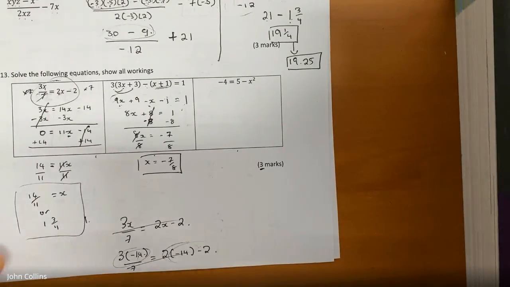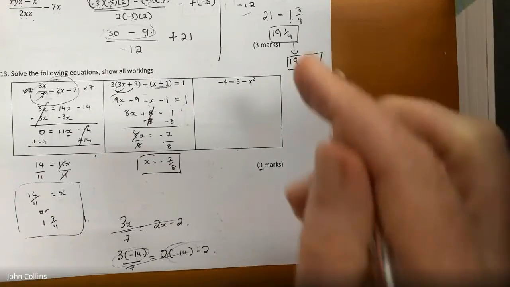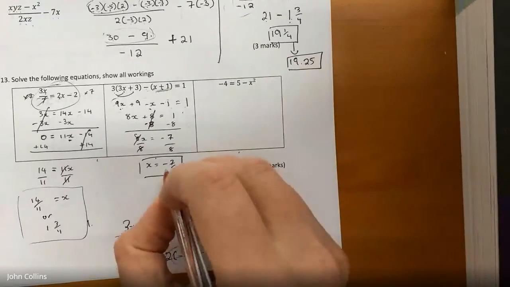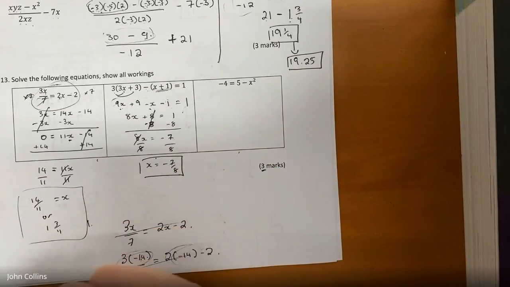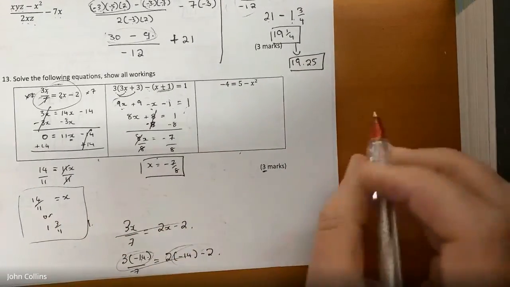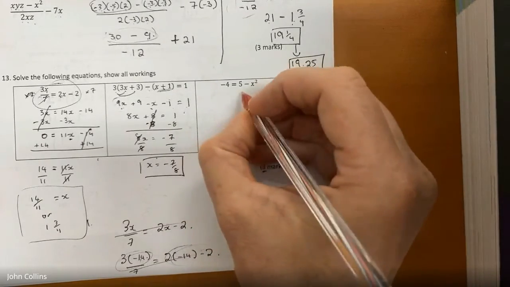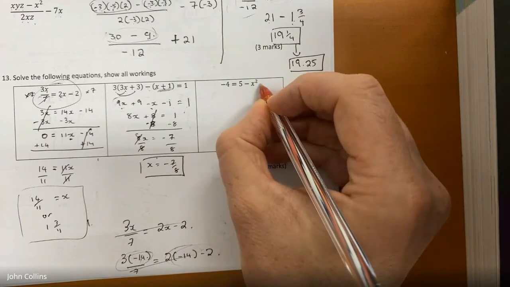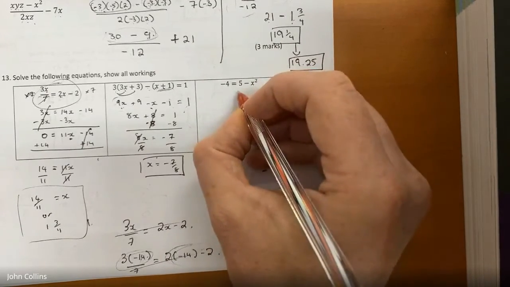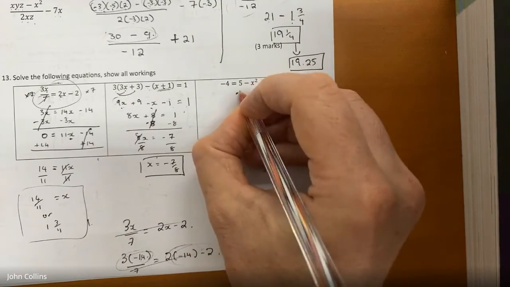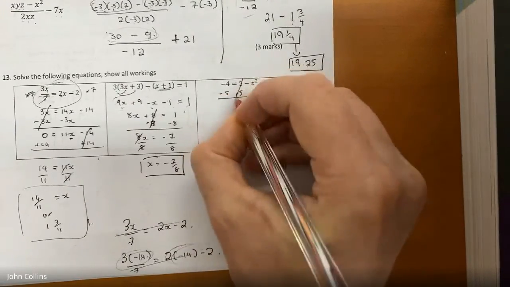Okay. And the final question. All right. So remember, these are only worth 1 mark, so not worth the whole pile of marks. They're the challenge questions at the end, just to see how you would contend with them. All right, so x squared. Well, I'll come to that in a second. But if I want to get rid of this 5 anyway, minus 5 both sides.